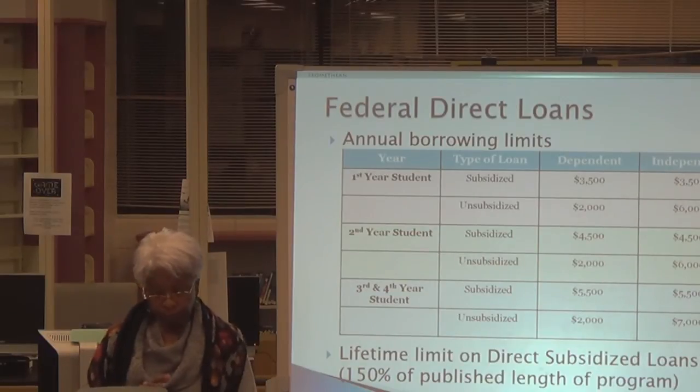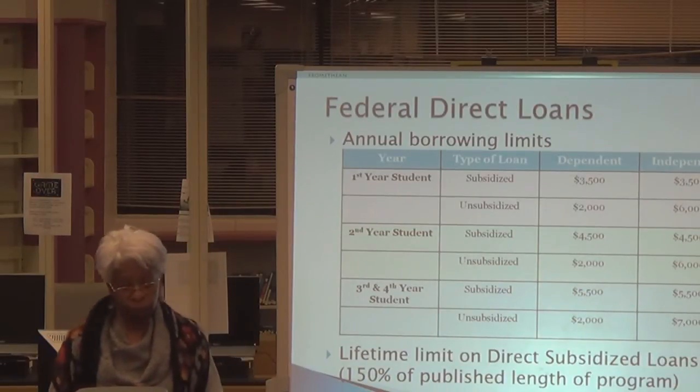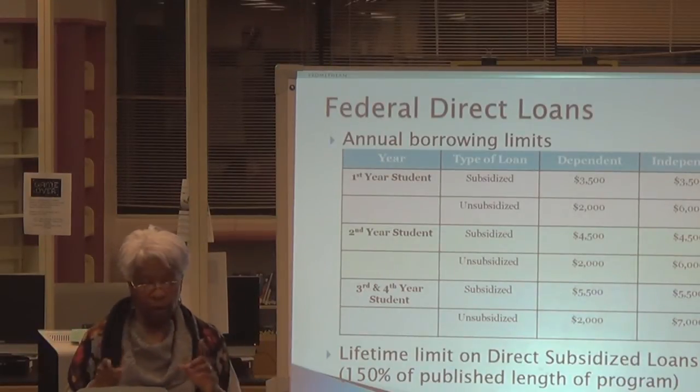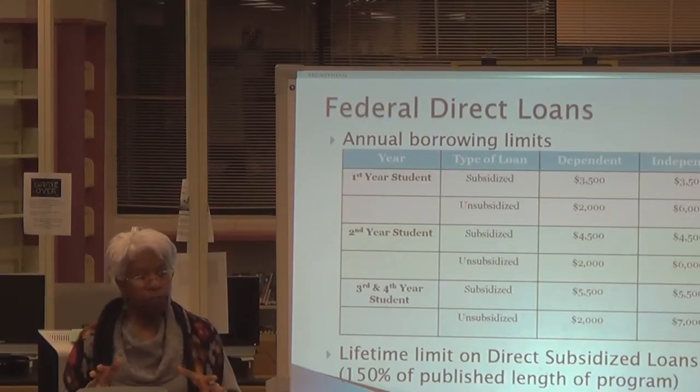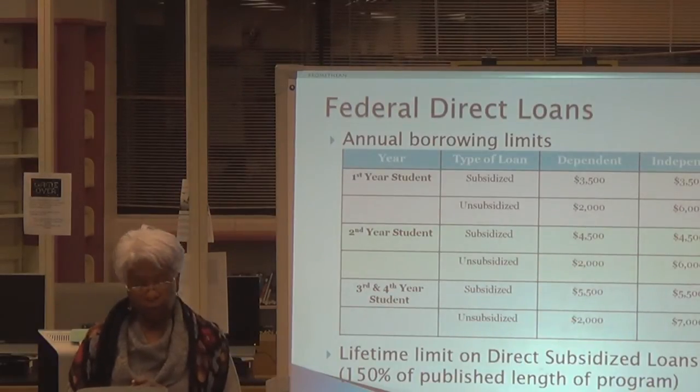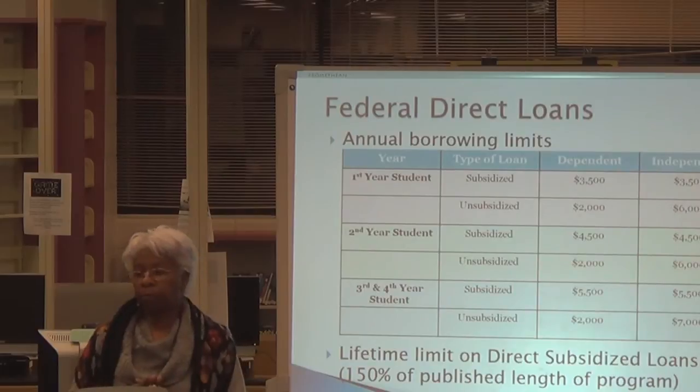For example, if a student, your first year student, the lifetime of the loan depends on the program that you're in. So if your major is general studies, you can only take out the loan up to 150% of the length of that program.